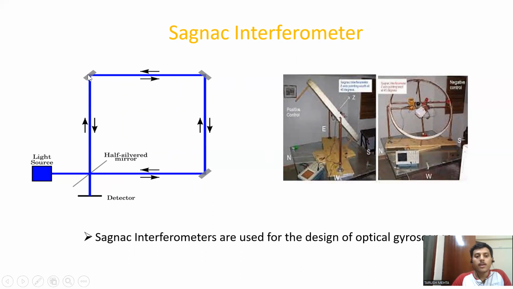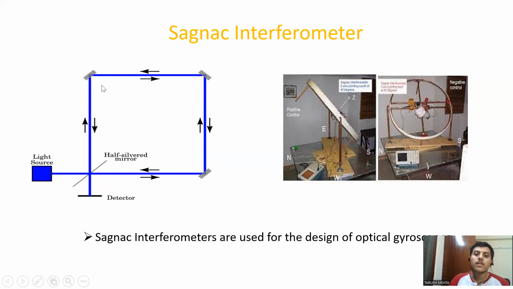A total of four beam splitters are used, and when the light from the laser or any other light source strikes the first beam splitter, one part of the light wave travels completely clockwise, reaches the first beam splitter again and then goes to the detector, whereas the second light wave which got split here travels counterclockwise, coming through all of these beam splitters and finally falls on this detector.